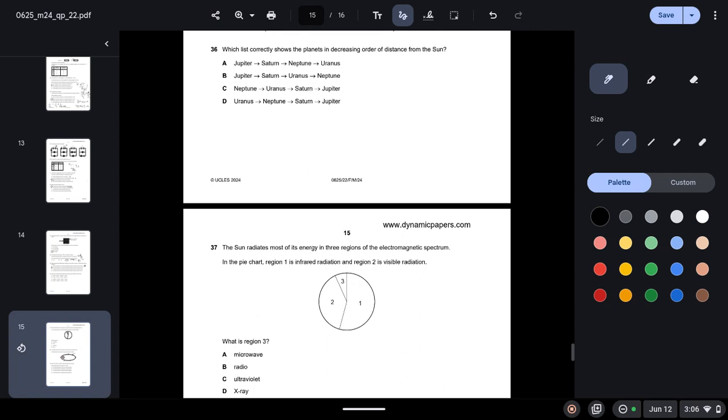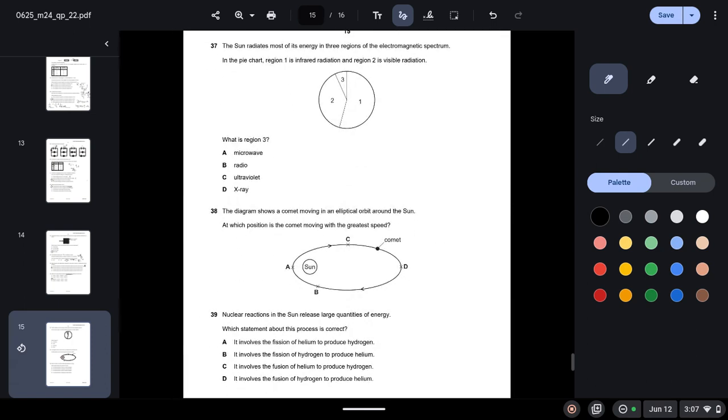It shows the planets in decreasing order, which means we will start with the planets that are further away and end with the planets that are closest to the sun. So this would give you C as your answer: Neptune, Uranus, Saturn and Jupiter. Neptune is the furthest away, then you have Uranus, then Saturn and then Jupiter.